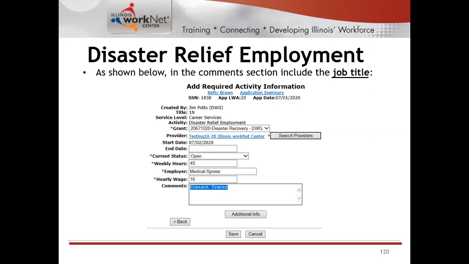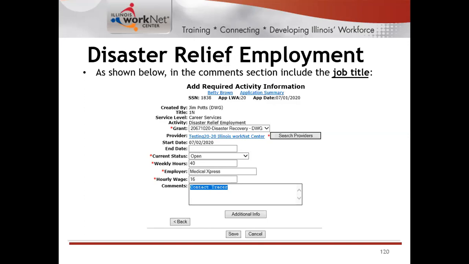So here's an example. For a client, the provider was the traditional dislocated worker or the traditional LWIA's provider. The hours of employment was populated, the wages was populated, the employer was populated, and in the comment section, in this particular case, the person's job is going to be a contact tracer. So again, to reiterate, make sure staff are putting in the job title in the first comment of the comment section.